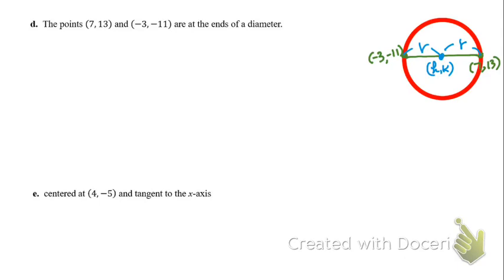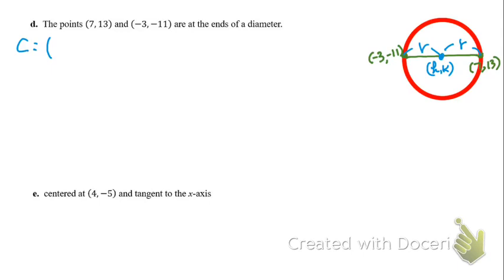Okay, so let me go ahead and start finding the center. It looks easier because we practiced the center of the circle earlier. If they give you the two ends of a diameter, it's just the midpoint. We're going to find the average of the two x values.